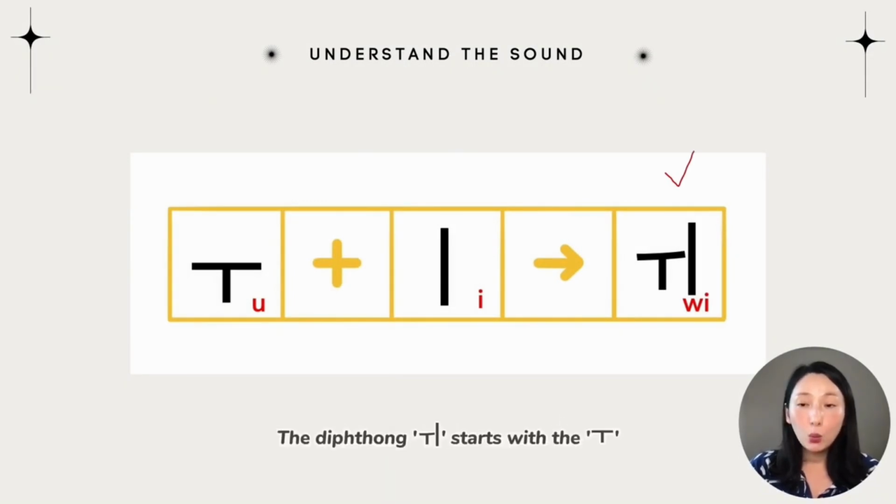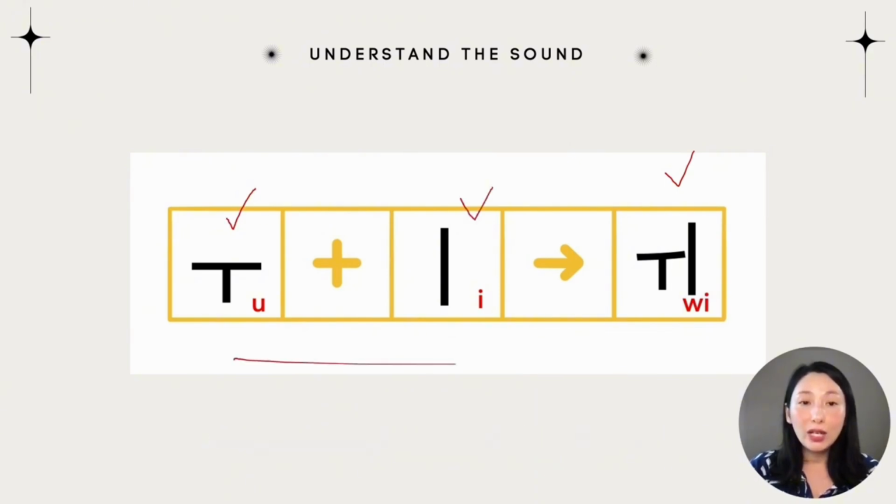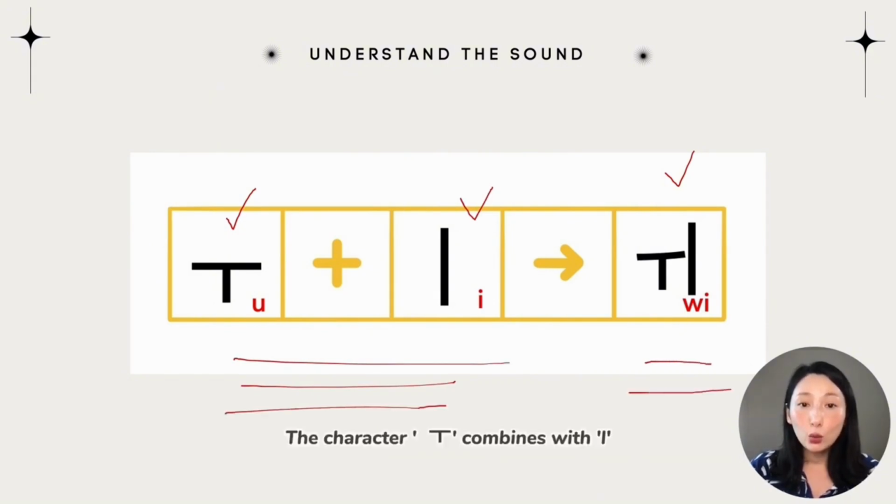We have the diphthong we. The diphthong we starts with a sound oo, and the oo sound smoothly transitions into e sound. The character oo combines with e, so it's also visually very straightforward.